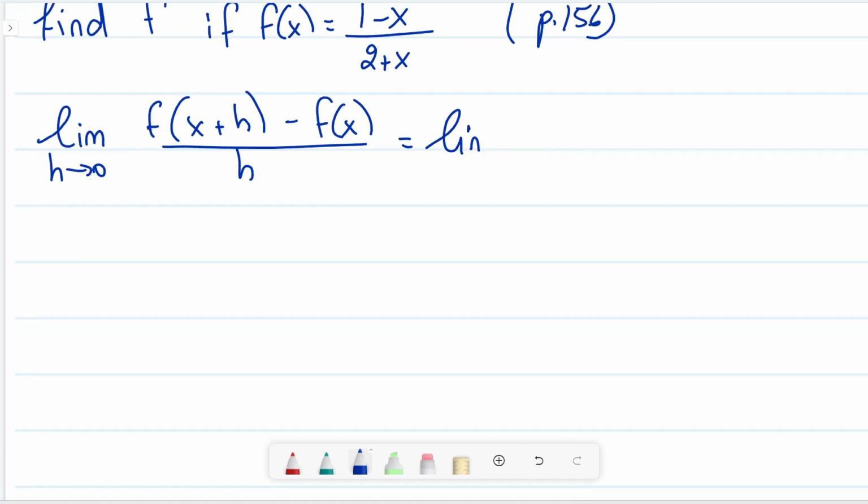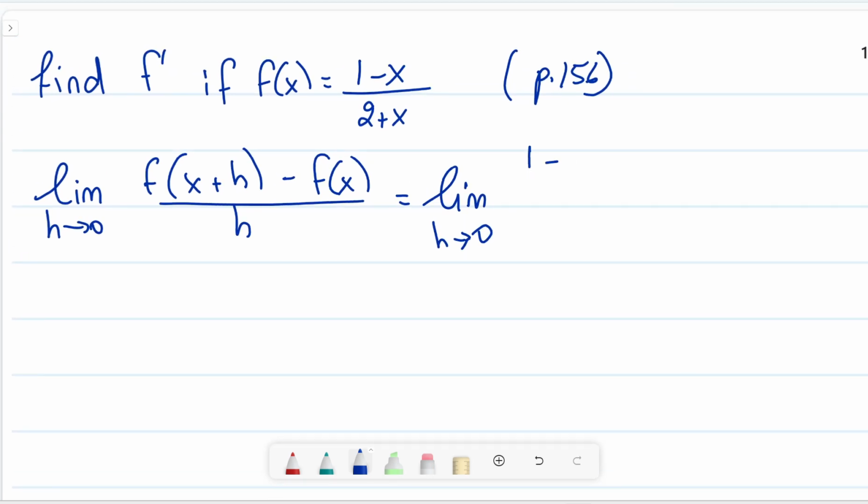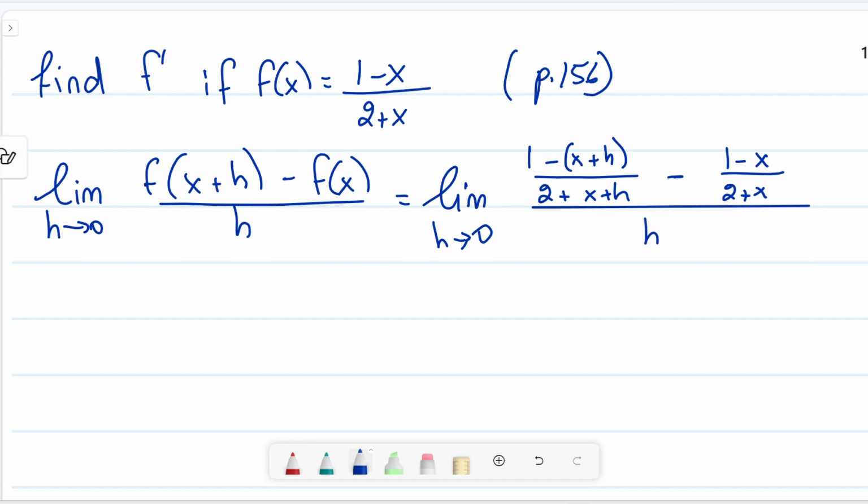And now let us plug in what is f of x plus h. Basically, it's the function, and everywhere you see an x, instead of the x, you write x plus h minus f of x, all of this divided by h.